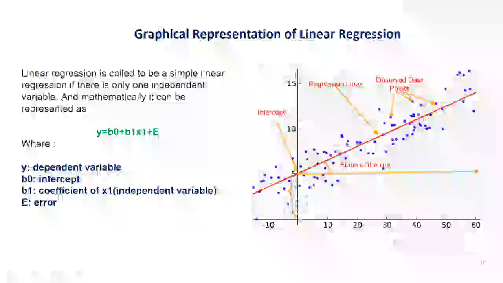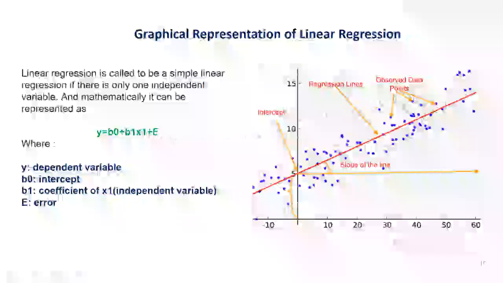This one is the intercept here, b naught, like mx plus c, and there is an error term. So b naught is your intercept, x1 is, let's say, the number of sales, b1 is your coefficient of x1, and e is the error term.